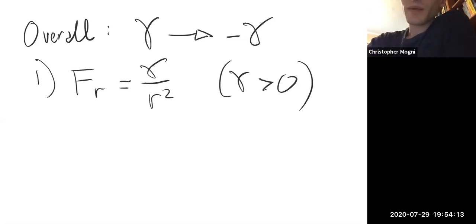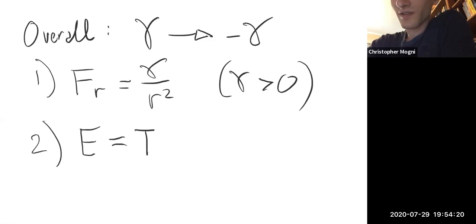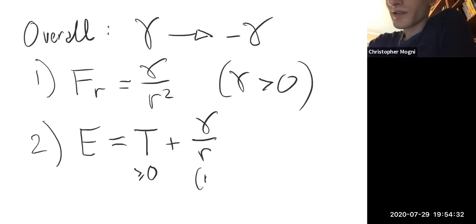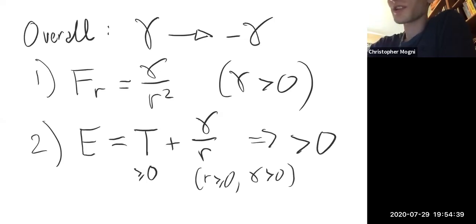What that implies about the energy for the system is that it's equal to the kinetic energy, which is greater than or equal to 0, plus the potential energy given by the potential that generates that force, which is gamma over r. Now we know that r is greater than or equal to 0 and gamma is greater than 0, so this whole expression is greater than or equal to 0.